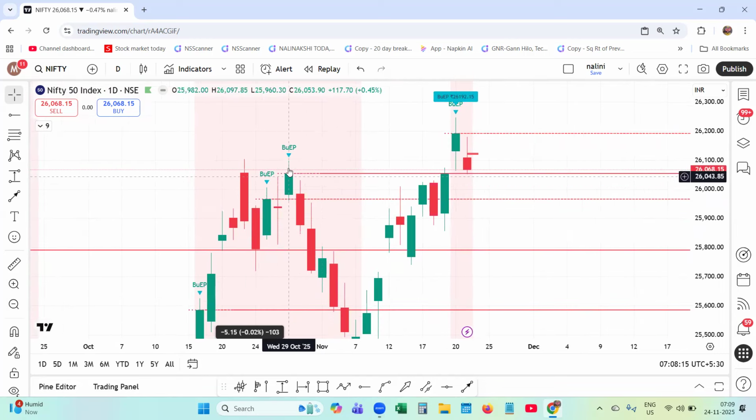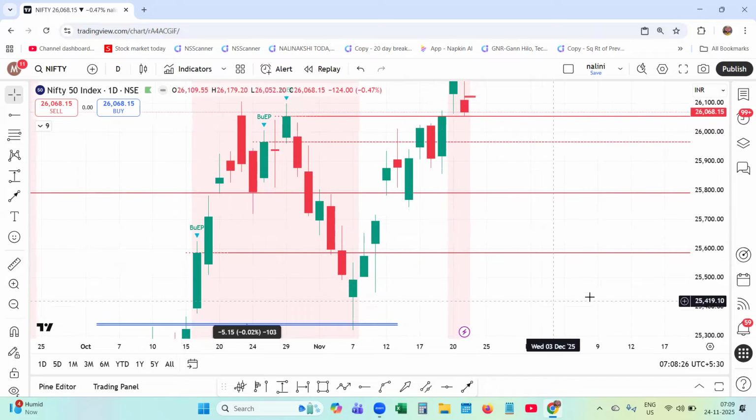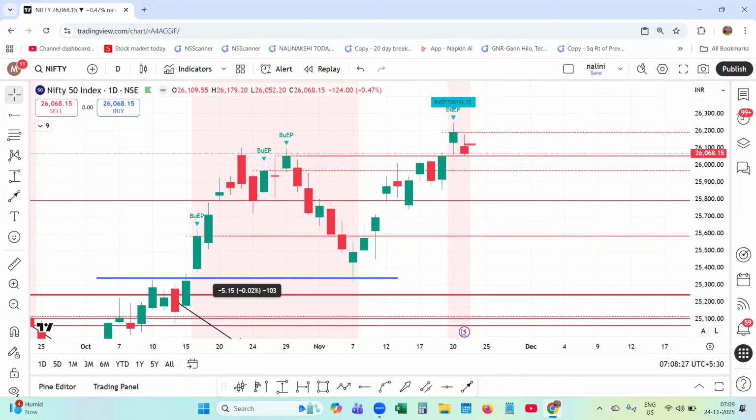Then what has happened in the market? It has come down. These writers actually were trapped. Liquidity was trapped and the market came all the way down to this level, and could not break this writer's level. This strong writer level is acting as the support.